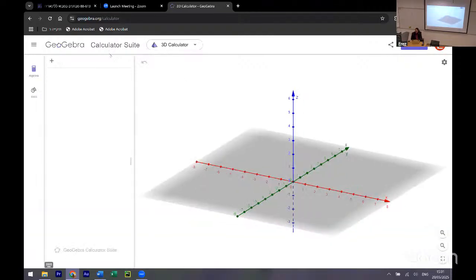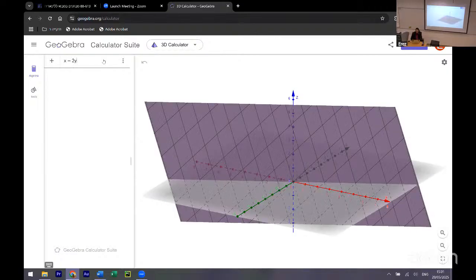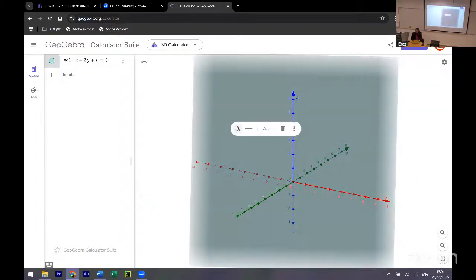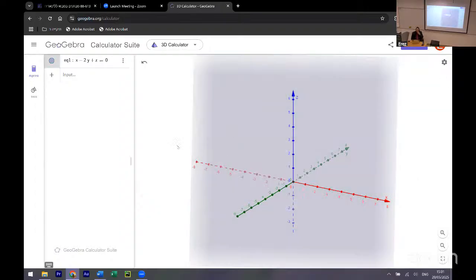Okay, I'm trying to open GeoGebra from the website. Maybe it will not crash this time. So x minus 2y plus c equals 0. That's the plane here. So far so good.